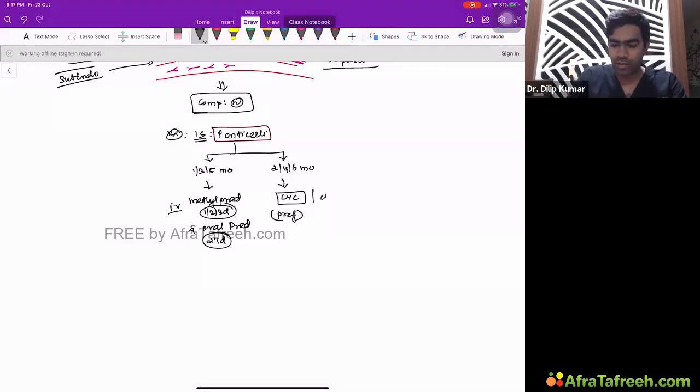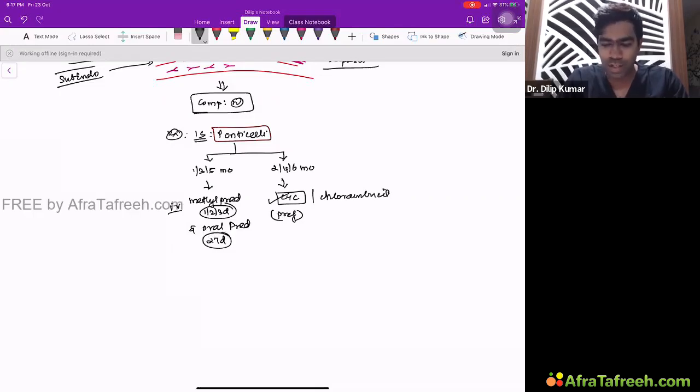Or alternately, you can give chlorambucil. Remember, cyclophosphamide is available orally also. In your pharmacy, if you are working in a private hospital, you can go and ask for Cytoxan. Cytoxan is cyclophosphamide only. So cyclophosphamide is the one that is preferred as of now. So the Ponticelli protocol is nothing but alternating steroids and alkylating agent, cyclophosphamide. So this is what you're going to use as per the Ponticelli protocol.